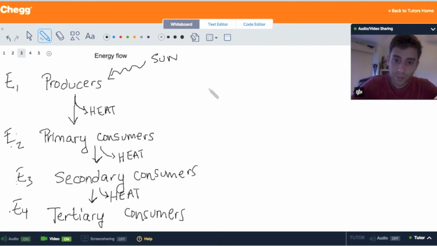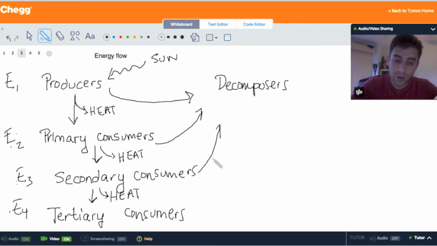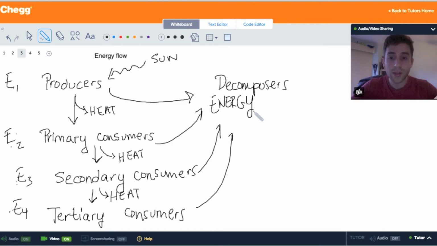Also, since we have our decomposers, which break down dead plants and animals, they get some energy too. They get some energy from all of these levels. So energy is constantly being lost as you go up the levels. As the energy flows through the ecosystem, energy is constantly being lost, which leaves the last consumers with the least amount of energy.